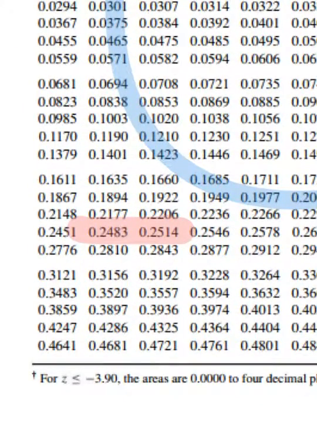Between these two probabilities, 0.2483 and 0.2514. Between these 2 probabilities, in the middle, there is exactly 0.25. What do we need? Negative z-score.